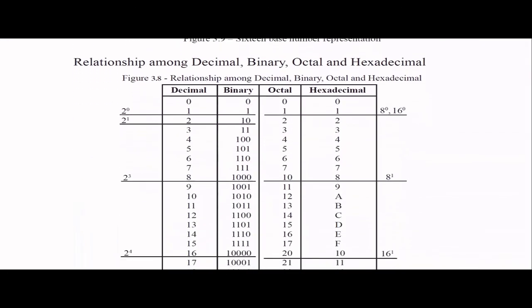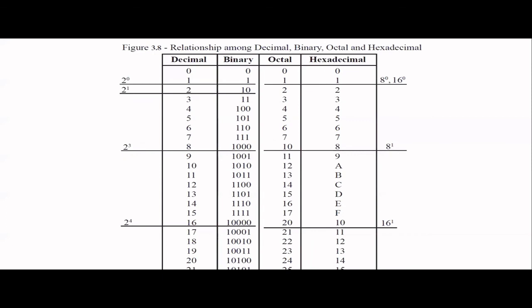So in binary, this is always represented with 1s and 0s. And in octal, you have 0 up to what? 0, 1, 2, 3, 4, 5, 6, 7, and we don't have 8. We have to represent it in the octal way.